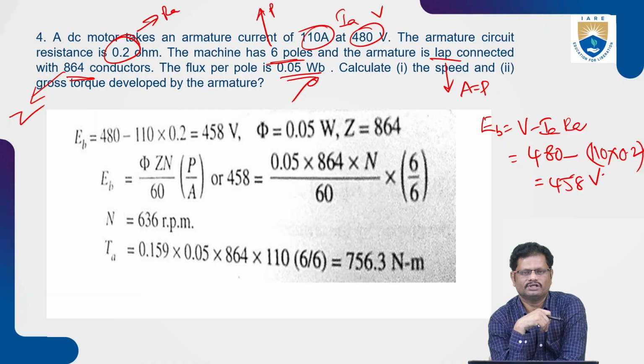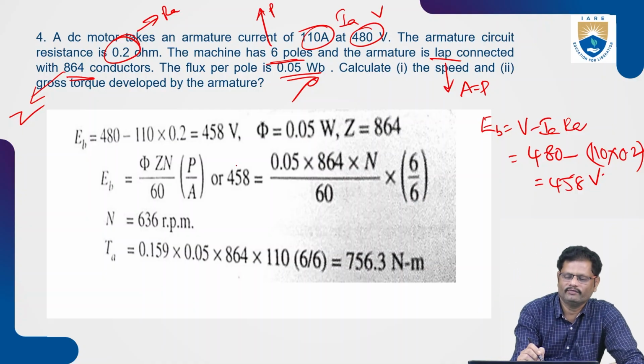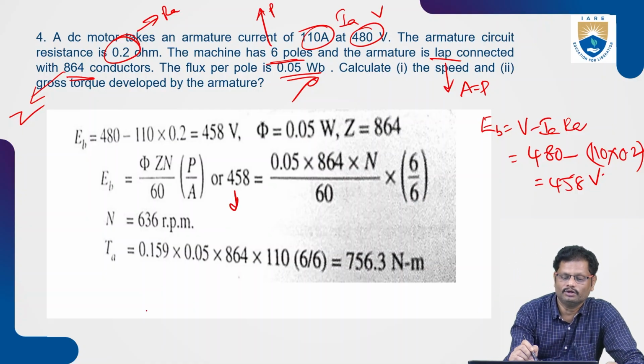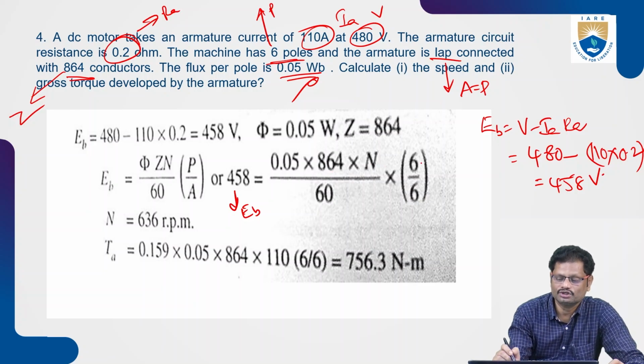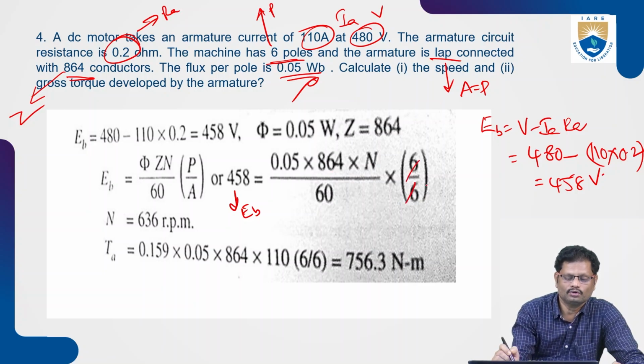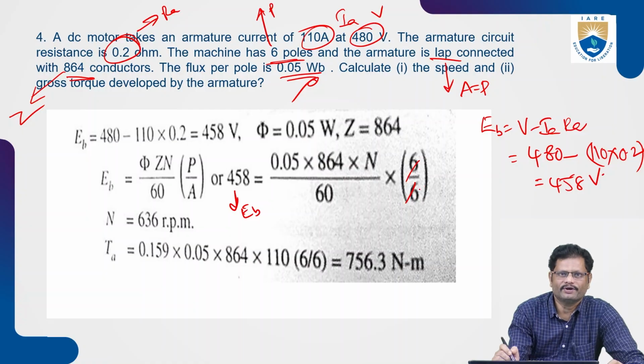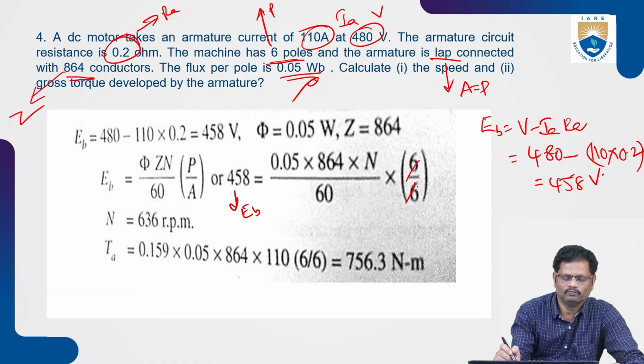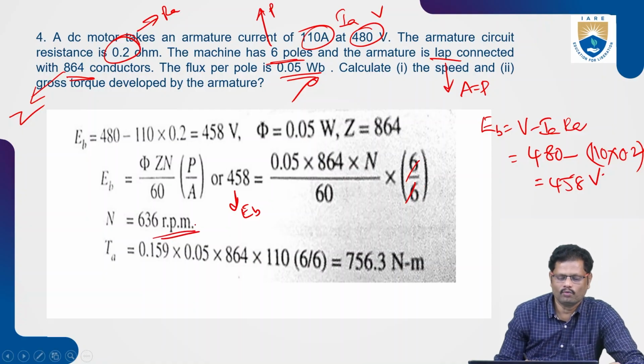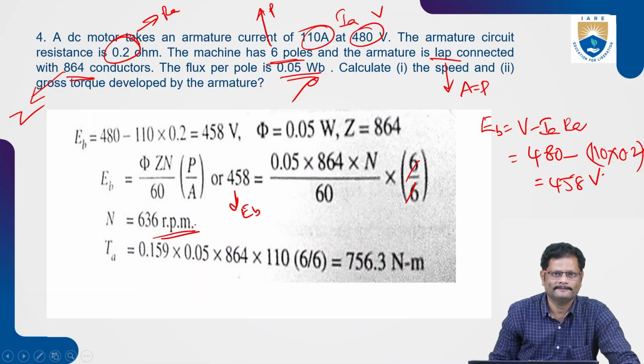And we have the expression EB in terms of phi, Z and N as phi Z N by 60 into P by A. EB value was just calculated as 458, so 458 equals 0.05 into 864 into N by 60 into 6 by 6, since A equal to P. So speed, we can calculate from the data, is 636 revolutions per minute.